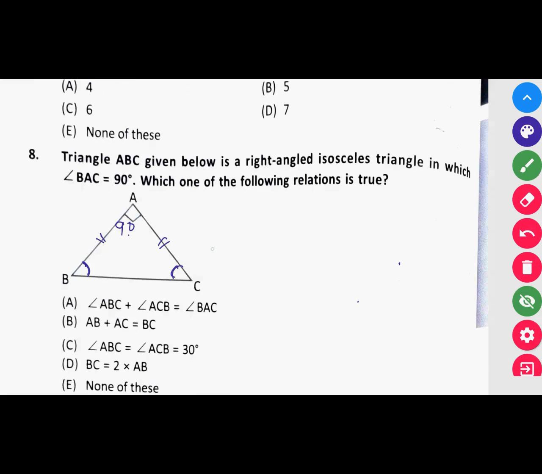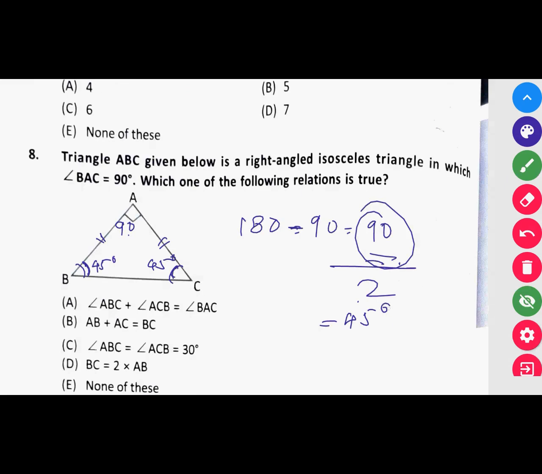So 180 minus 90 is 90. How? 180 minus this BAC, that is 90 degrees, is equal to 90 degrees. In 90 degrees there are two angles, because it is isosceles they are of equal degree. So both of them are 45 degrees each.